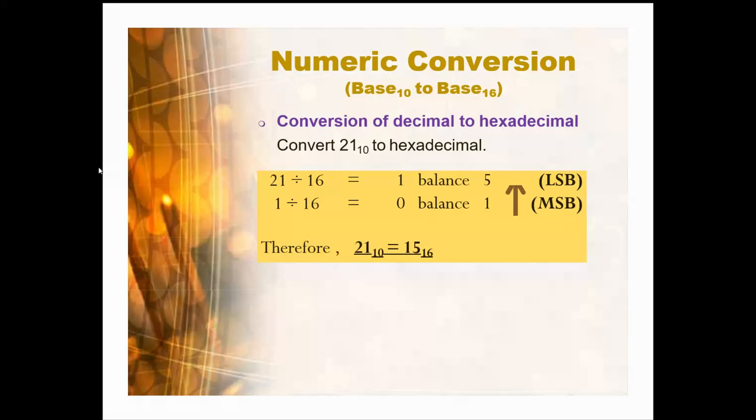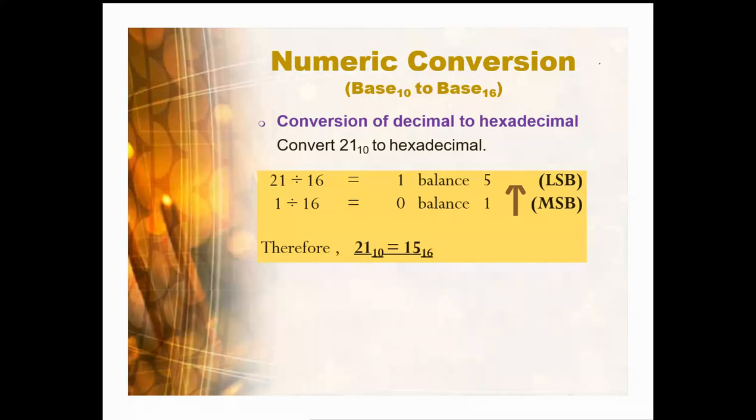So when you convert the base 10 decimal number to hexadecimal, you have to remember the table.